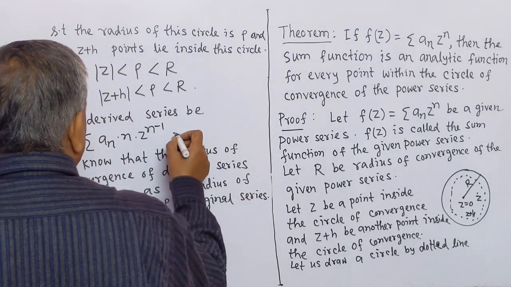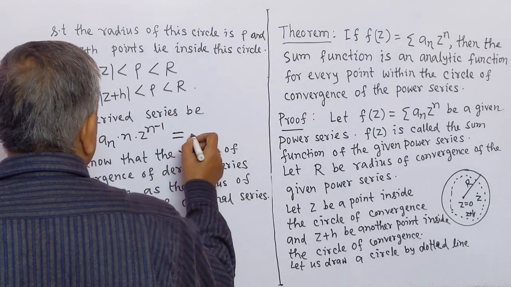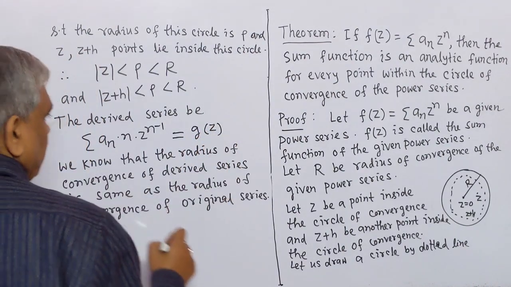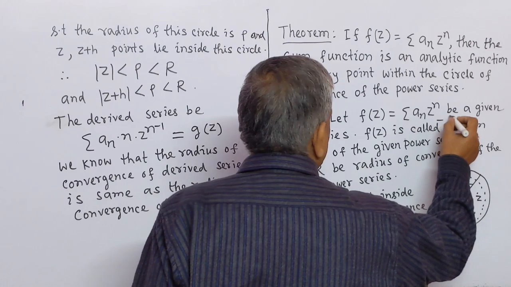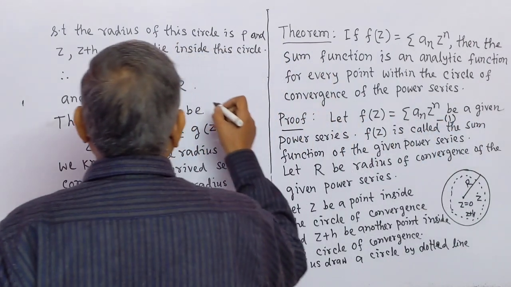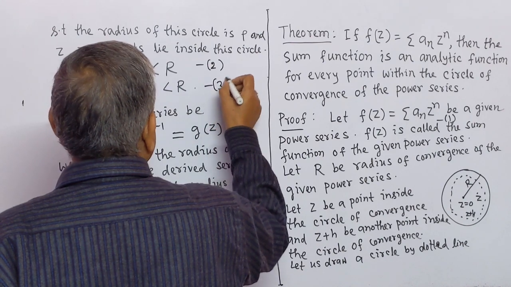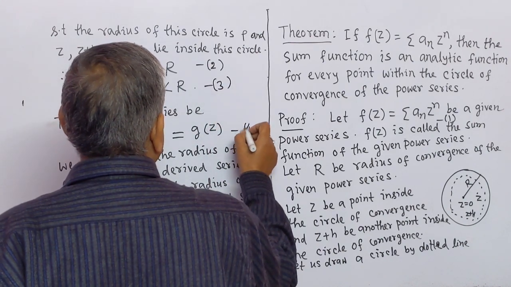Let the derived series equal to g(z). Let this be number 1, this is number 2, this is number 3, this is number 4.